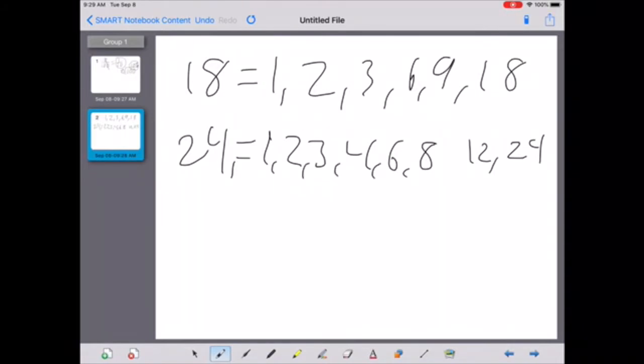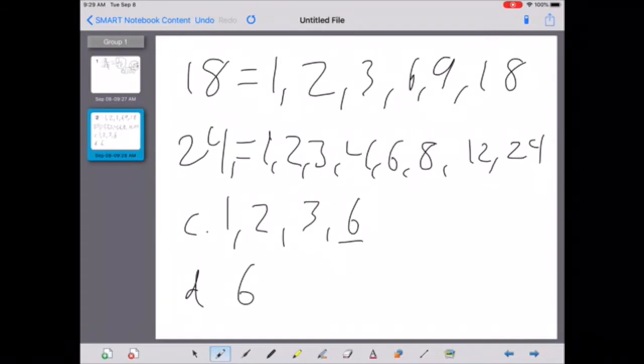I'll put my commas in. C says which numbers are found in both of those. So for letter C, I can see I have 1. I can see I have 2. I can see I have 3. I can see I have 6. And that's all I can see. D says what is the GCF? That's the biggest number here. That's 6. GCF, remember, stands for greatest common factor.